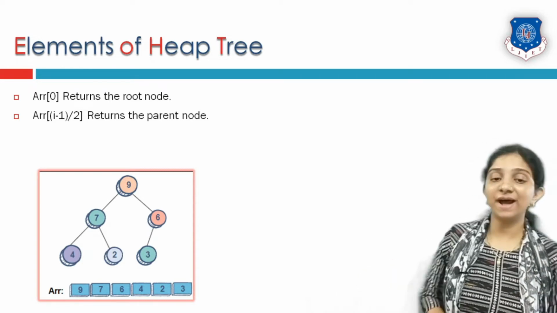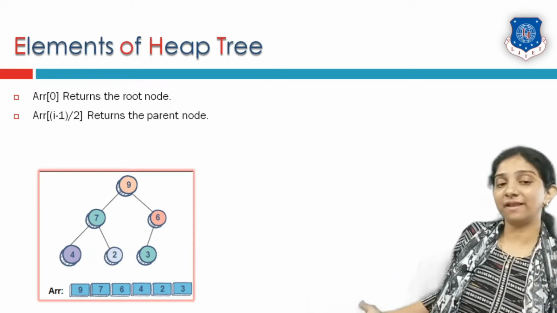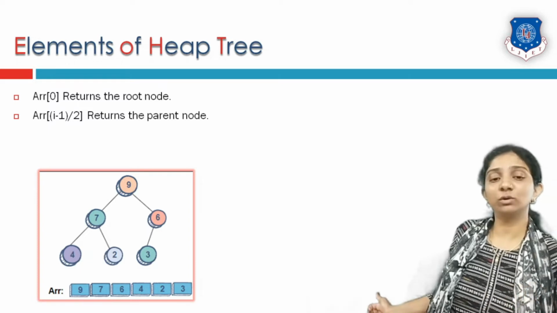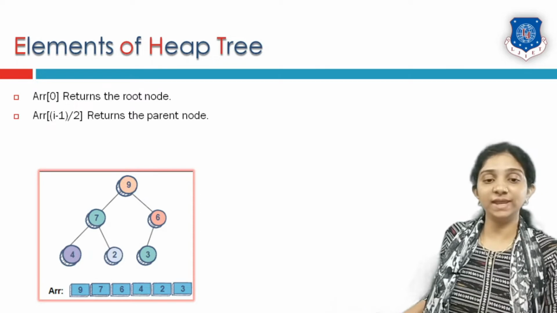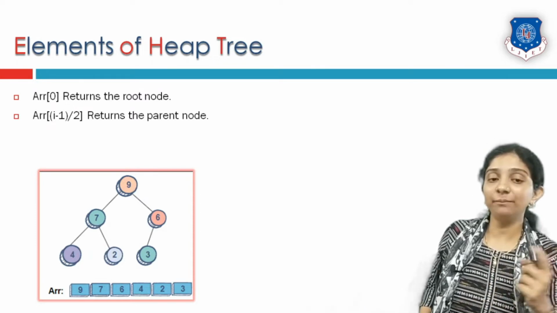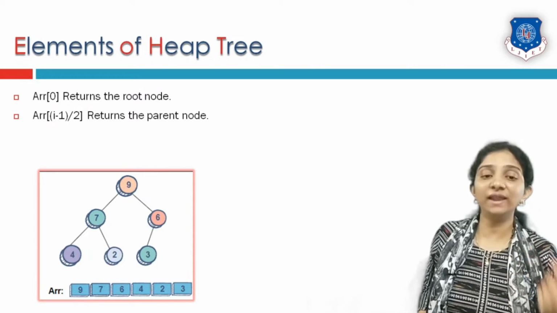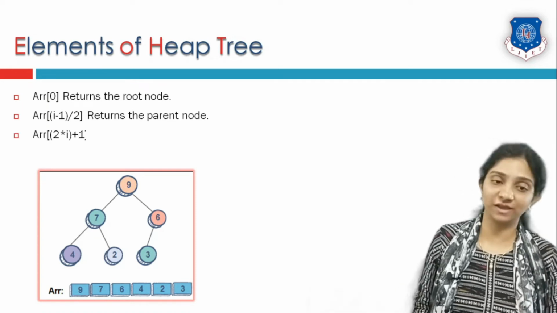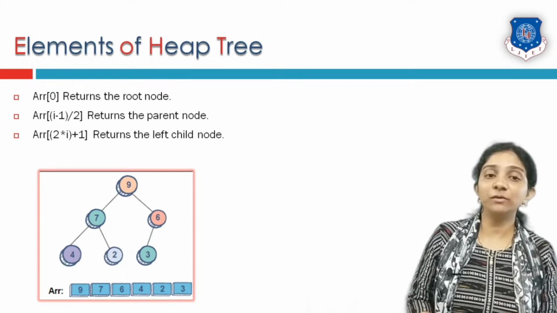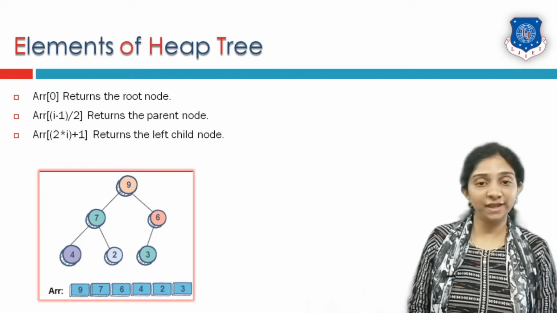For example, for the last node, which is 3, we want to find the parent. Index of 3 is i. (i-1)/2 gives the index of the parent node, which is element 6 in the array. So how do we get the left child of any node?